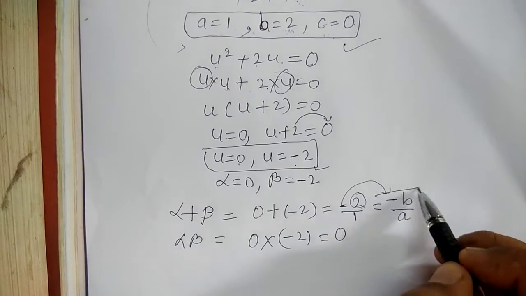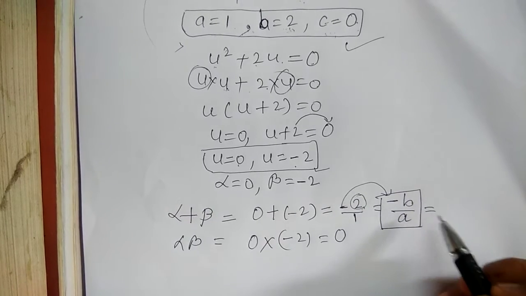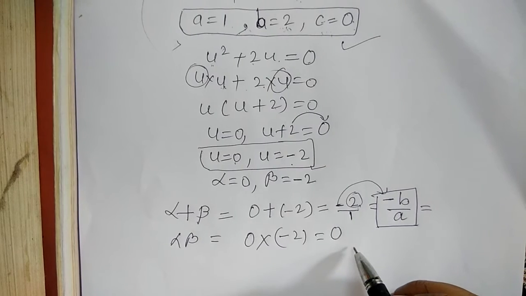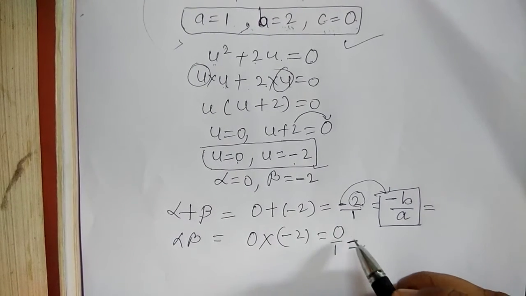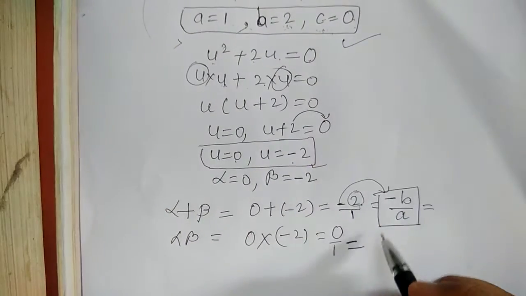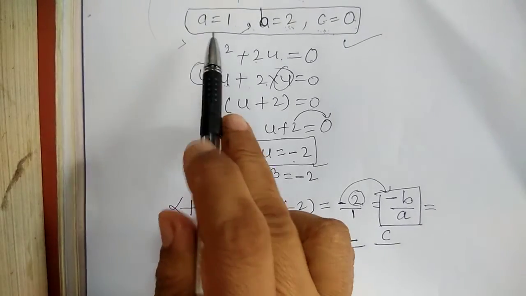So we get minus b by a. b is the coefficient of u and a is the coefficient of u square. Then here 0 upon 1, nothing means upon 1. What is 0? It is the value of c. Then 1 is the value of a.